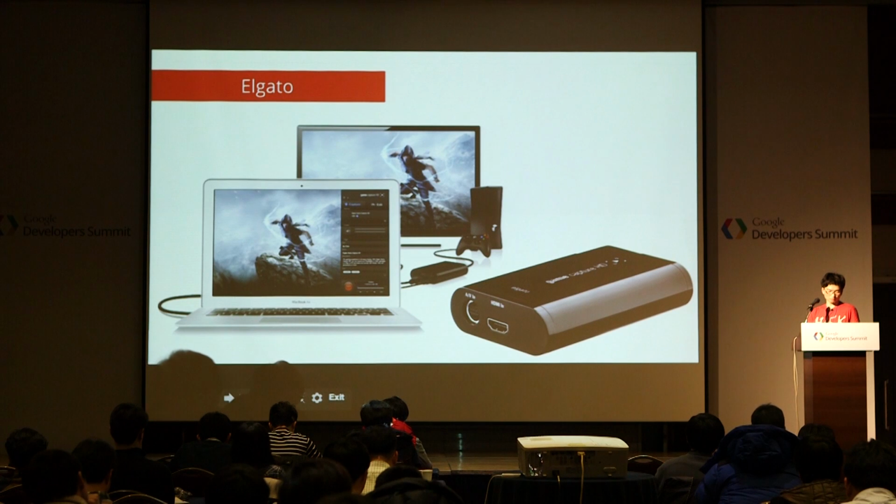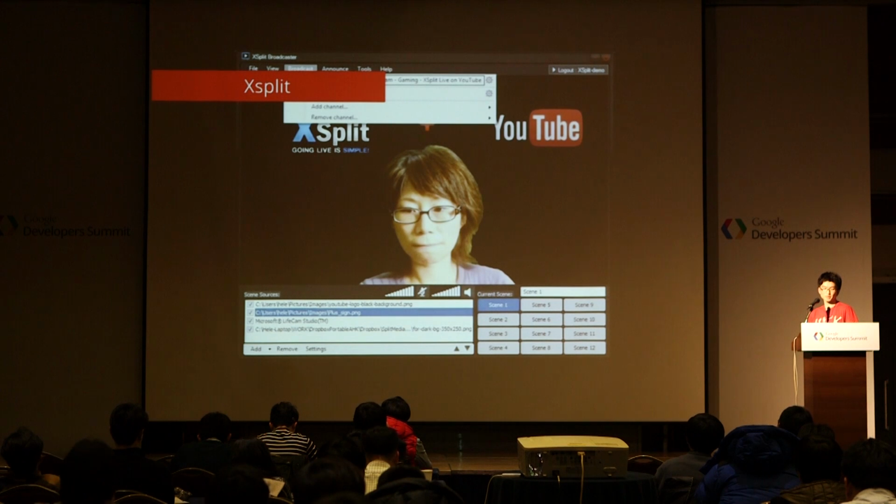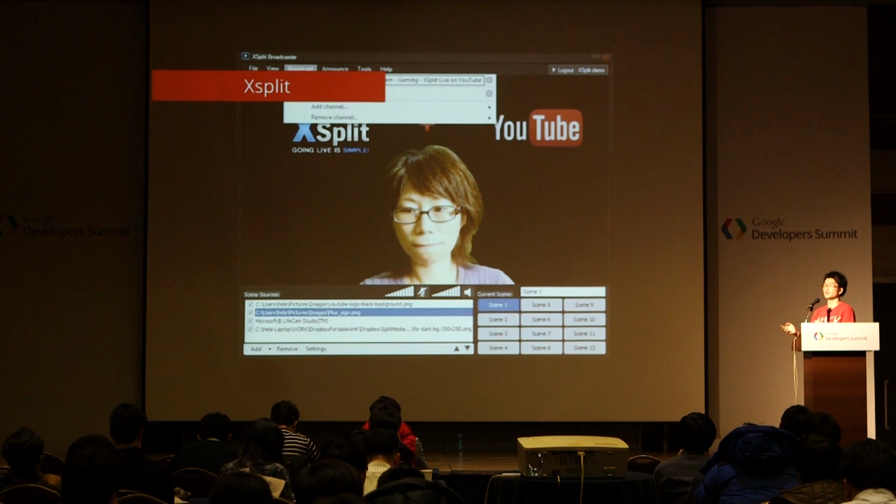And there is another solution using the YouTube API for live streaming called Xsplit. Xsplit is just a software solution for live streaming, but if the user launches this software, then the user can put the live streaming using any arbitrarily archived content or any screencast stream.